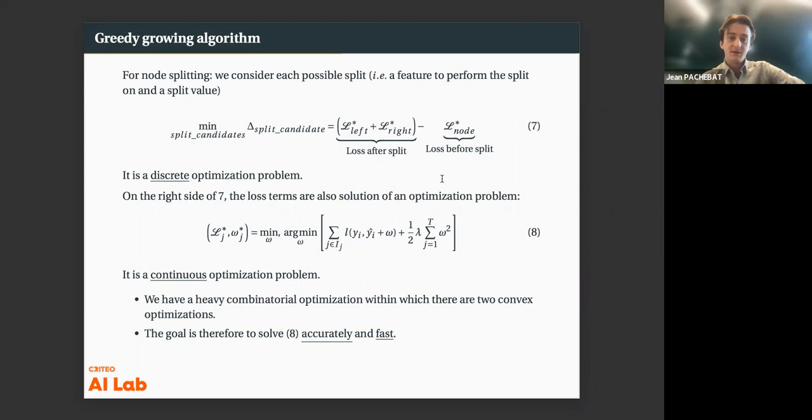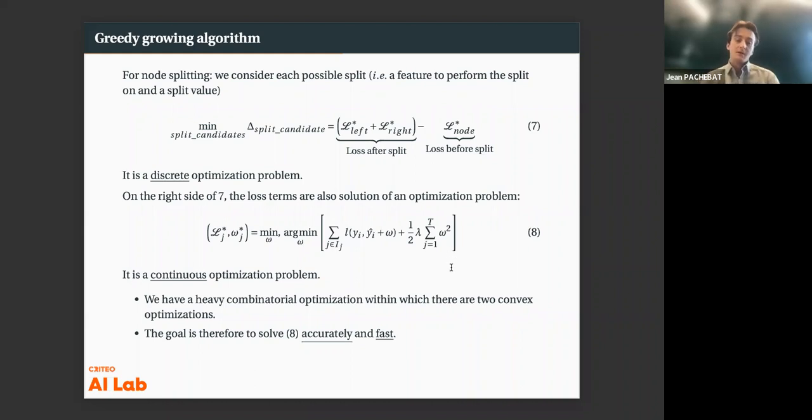Equation 7 is a discrete optimization problem in the sense that we are iterating over all split candidates. However, on the right side of 7, the loss terms are also a solution of an optimization problem, stated in 8, which is to minimize the value of the loss inside the terminal node. So this is a continuous optimization problem.